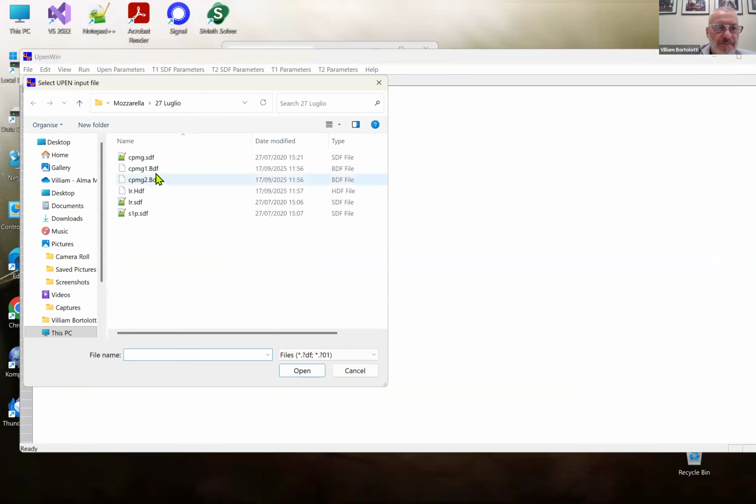Open on CPMG. From the CPMG experiment you obtain two datasets, which can be analyzed by the inversion software, because in this CPMG the experiment was performed with two different echo times, using the T1, T2 filter.